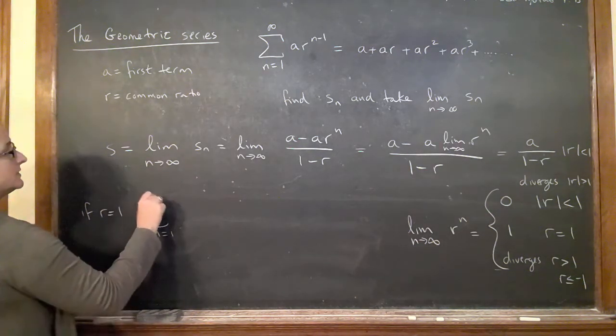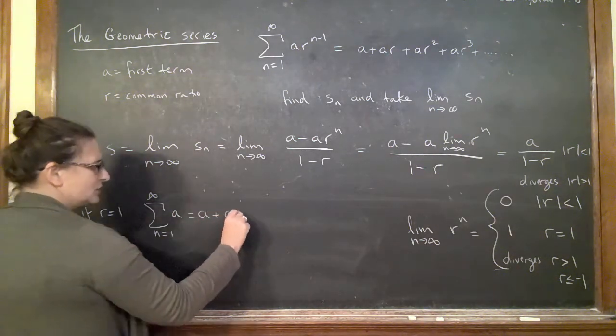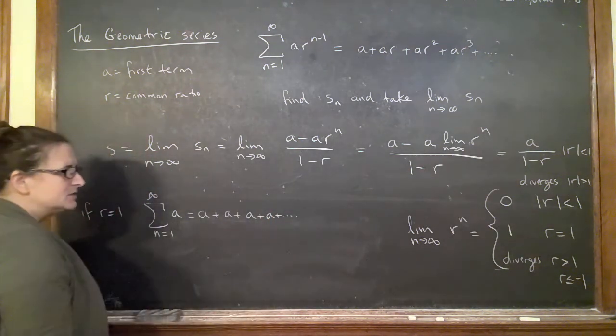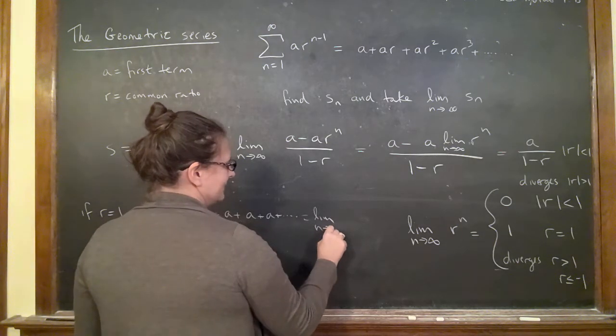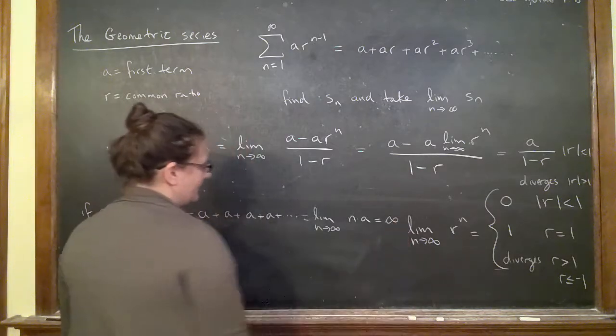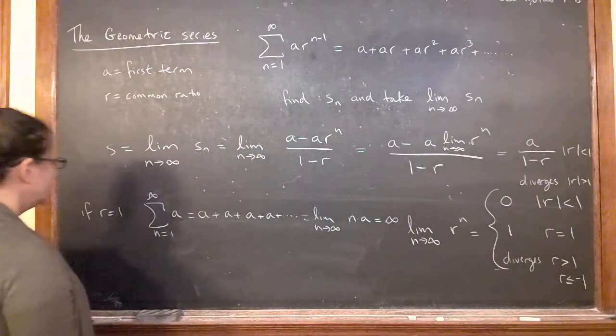The sum from n equals 1 to infinity of a. So this is just adding a to itself an infinite number of times. This is like the limit as n goes to infinity of n times a. So this is going to be infinity. No matter how small a is, eventually it's going to go up to infinity.